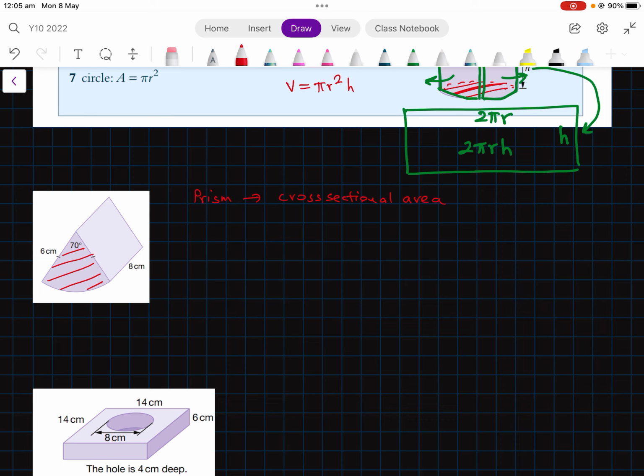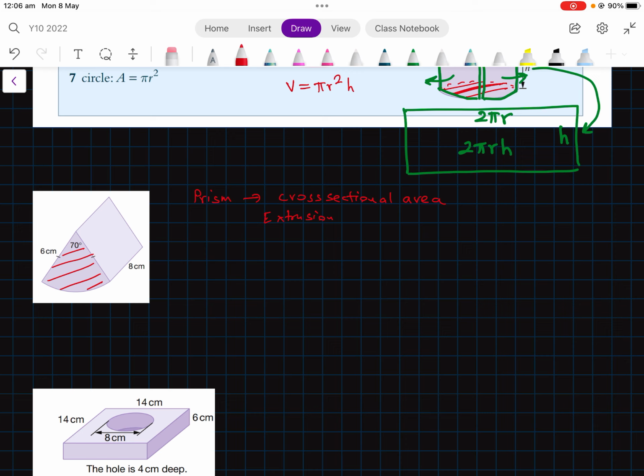A cross-section is basically along the axis. If you take the cross-section across the axis of the prism, you should get the same cross-section. So it's like an extrusion which has the same cross-section along the length of the solid. In this case, the cross-sectional area is this sector, which is the same right through this prism.